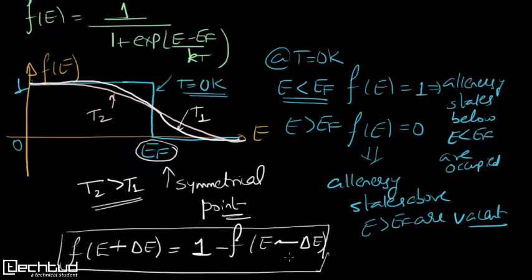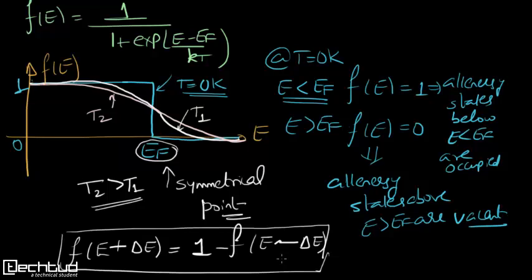Fermi's function is symmetrical about Ef for all temperatures. The probability that a state delta E above Ef is filled is equal to the probability that a state delta E below Ef is empty. F(E) is nothing but the probability of occupancy of an available state at energy E.